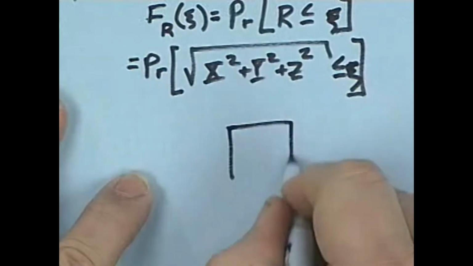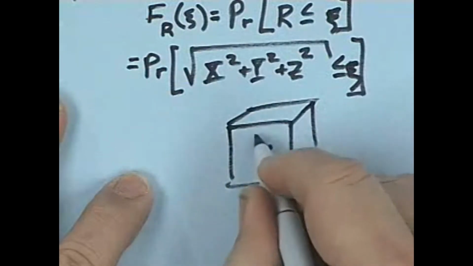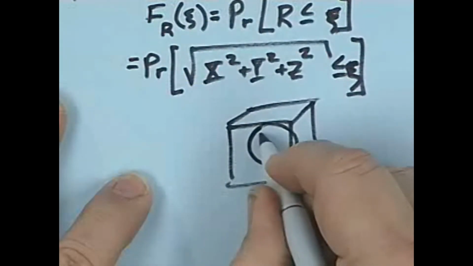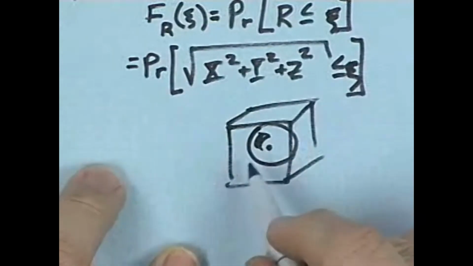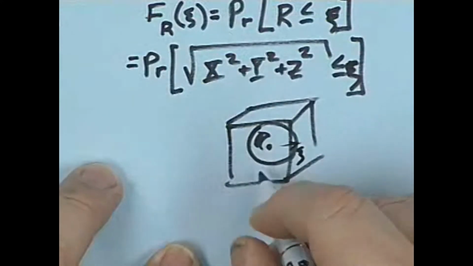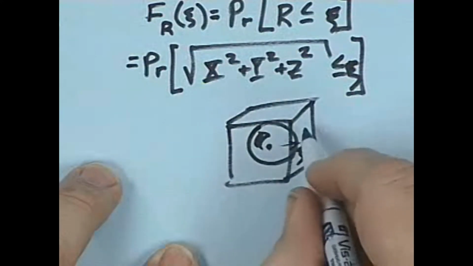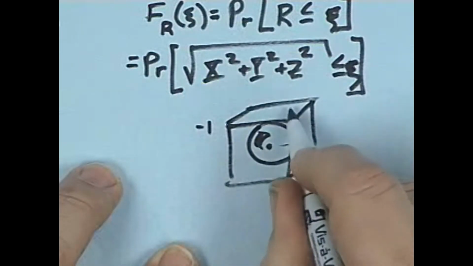So therefore we have a box, and inside this box we have a sphere. Don't forget the little bubble. Give it a three-dimensional perspective. We have a sphere inside the box which has a radius of C, and of course the box has a relationship between -1 and 1.